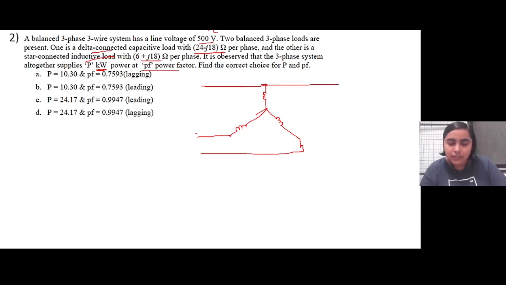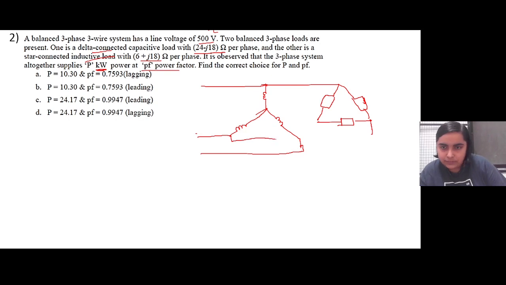There is another load connected which is delta, with some reactance in each branch. This is connected to this. So the circuit is somewhat like this.